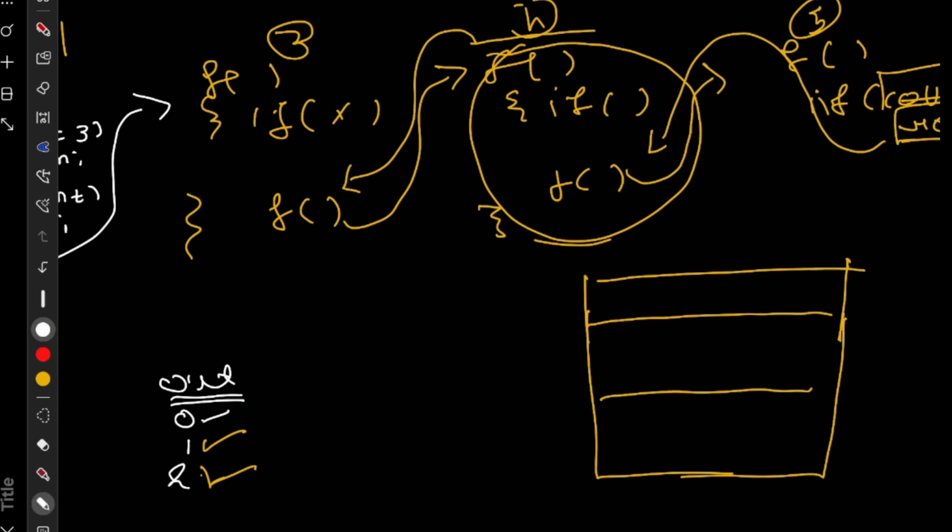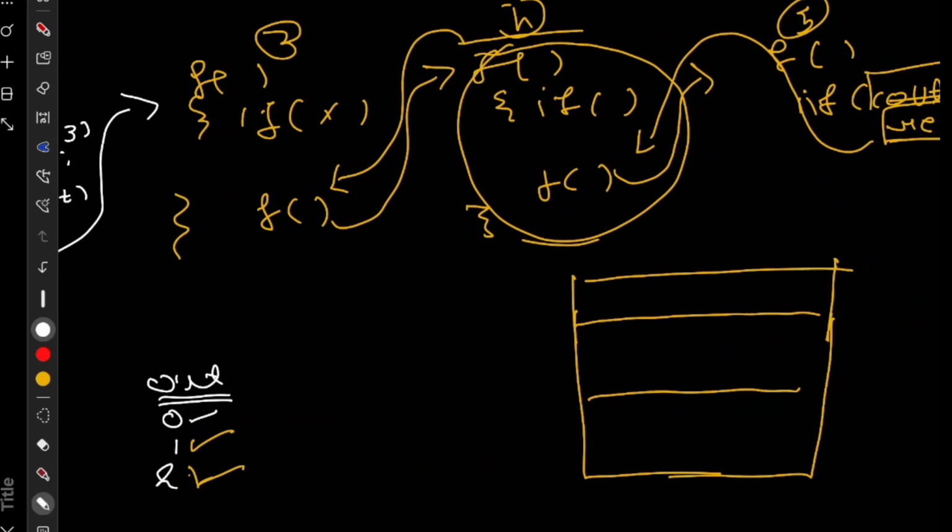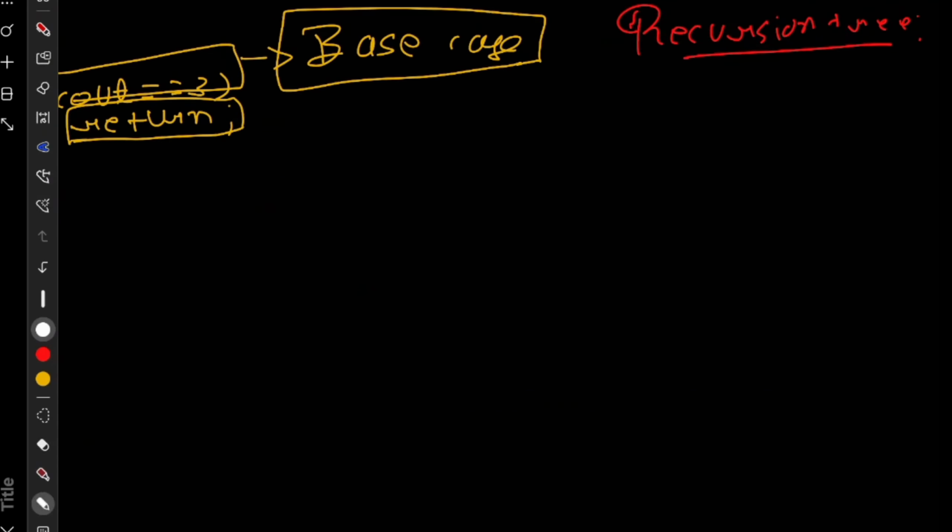Another term usually used in recursion is the recursion tree. What is a recursion tree? To explain it, I wrote this kind of function again repeatedly, but not every time. Often we do not write like that. We use a recursion tree.